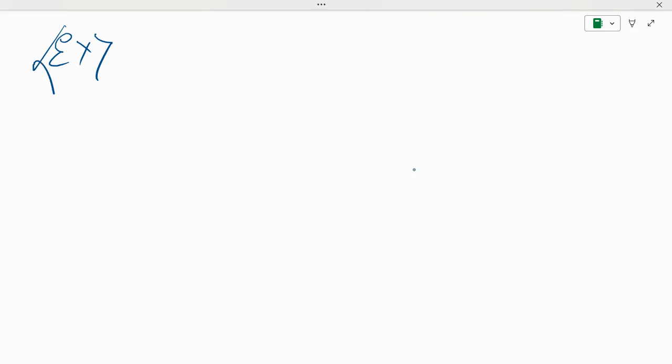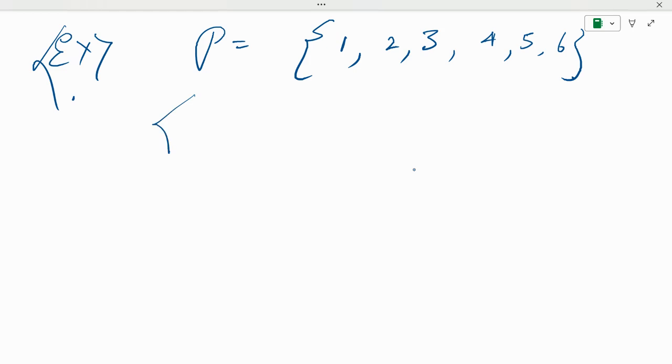Let's see this example. We have this P, and inside P we have 1, 2, 3, 4, 5, 6, and we have the poset.